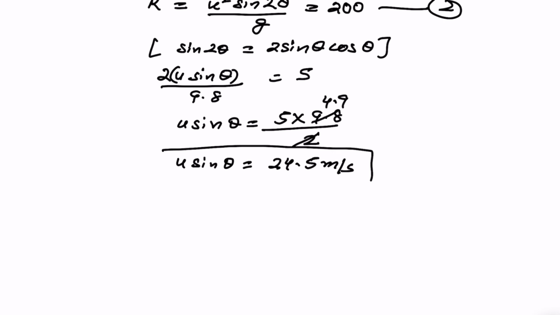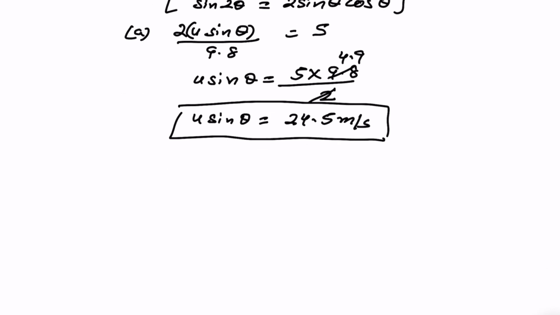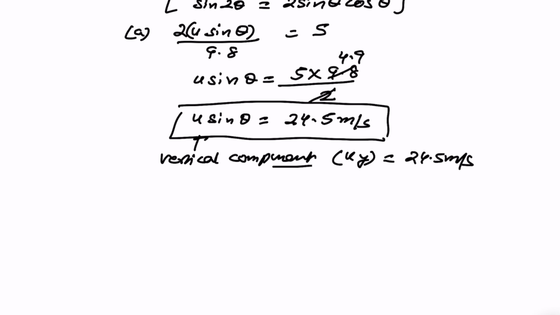And u sin theta denotes the vertical component of the velocity. So I got the first part answer: the vertical component of velocity, which we have denoted by uy, is 24.5 meter per second.